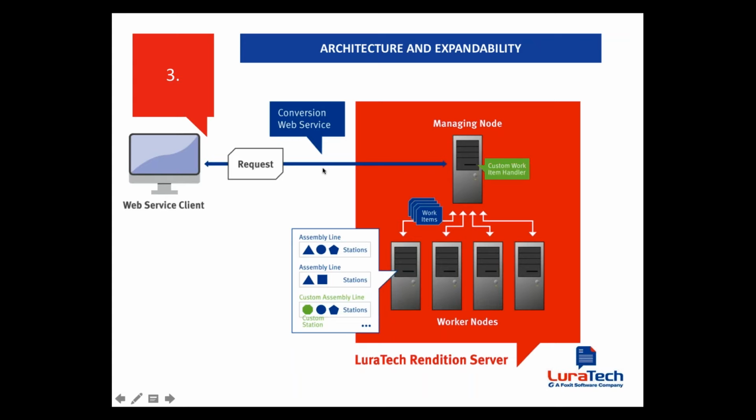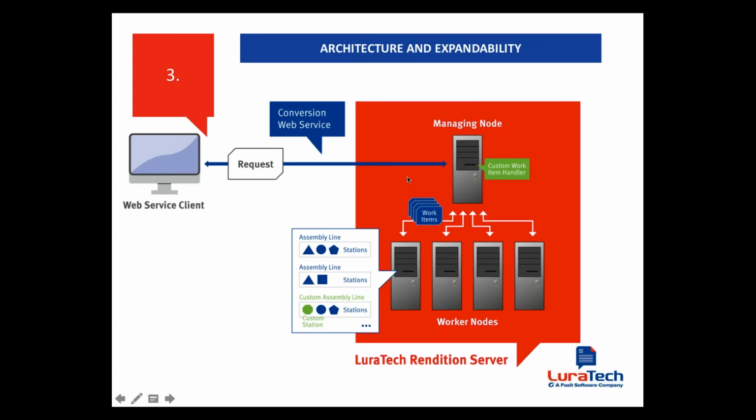A request is sent through the web service to the managing node. Here's the first little detail. The managing node not just does what I told you before, but it also has another API ready where you can hook up custom work item handlers, meaning pre-processing for your documents. That is something you can do on your own if you like, with your own rules of specification.